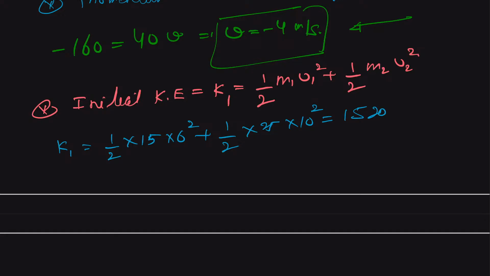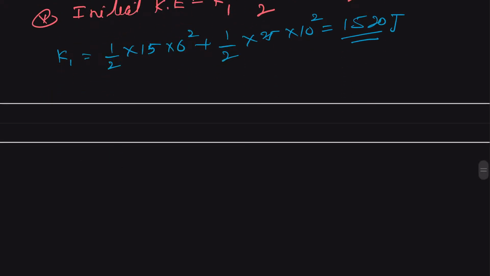So we get our initial kinetic energy as 1520 joules. Now we come to the final kinetic energy.